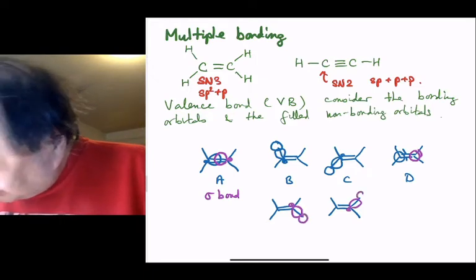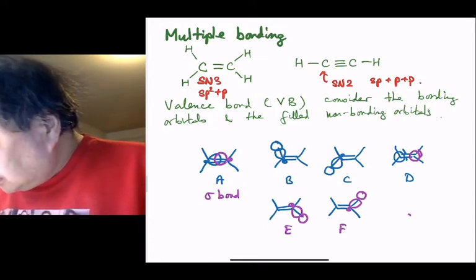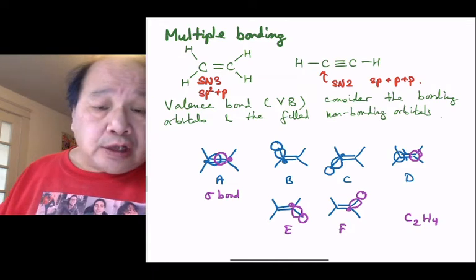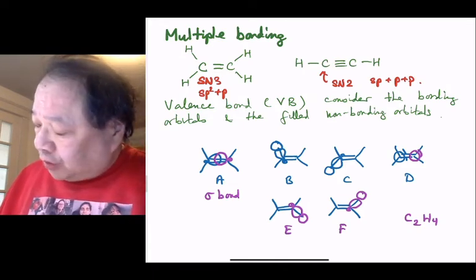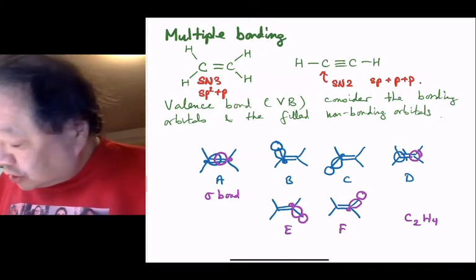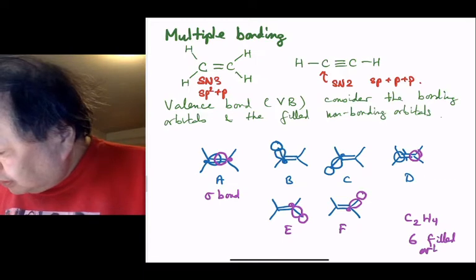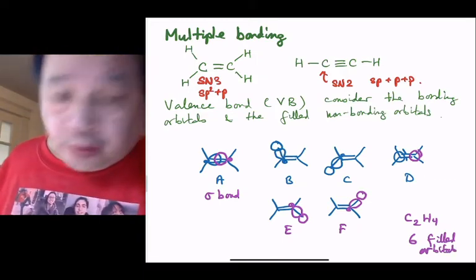This guy can make a bond here for E and F. This is C2H4. How many valence electrons is C2H4? Carbon has 4, 8, 12. 12 valence electrons, 6 filled orbitals. And here, shown here, are the 6 filled bonding orbitals.